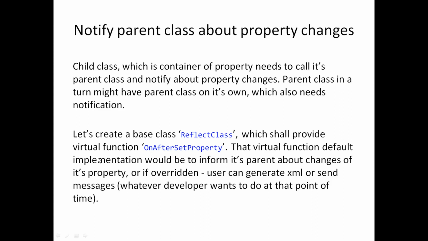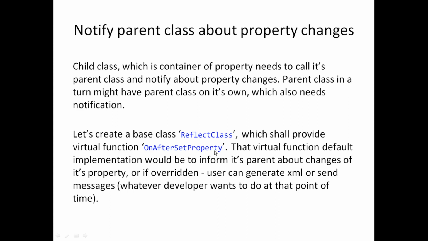Then we need to notify the parent class about our property changes, and in order to do that we could create a base class, call it reflect class, which shall provide an on after set property function call, which is a virtual function that can be overridden by the developer.